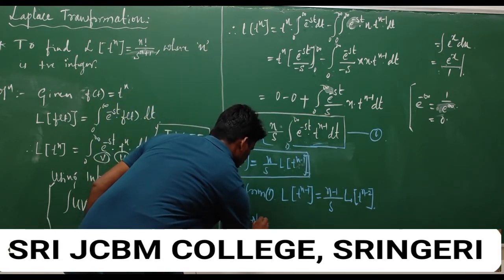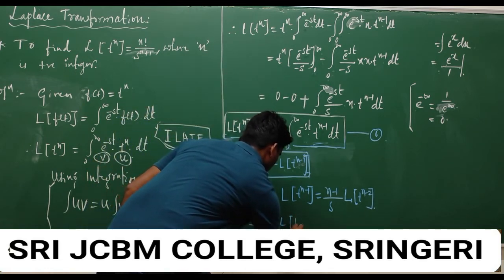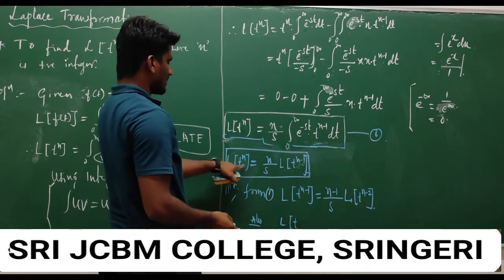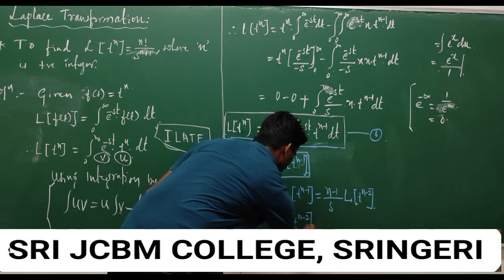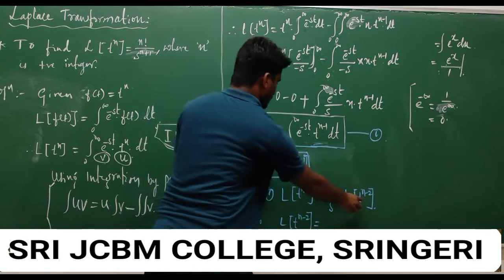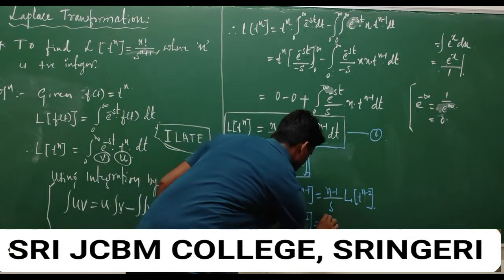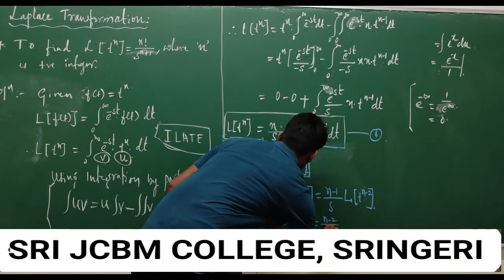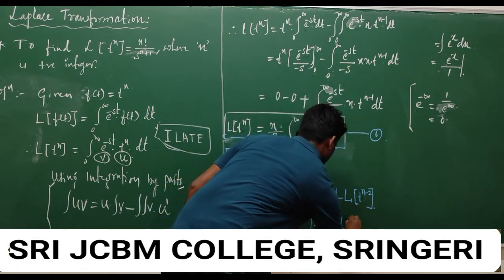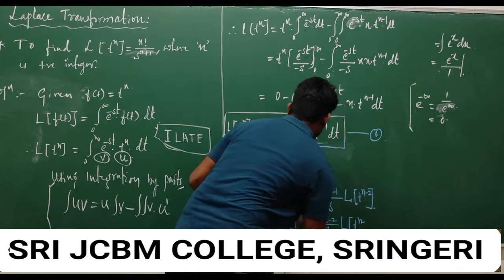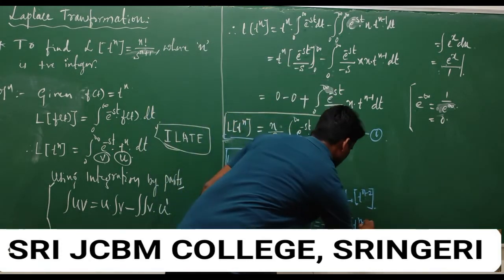Just substitute n as n minus 2, because we are going to find t to the power n minus 2, so it is n minus 2 over s and the Laplace transform of t to the power n minus 2 minus 1, that is n minus 3.